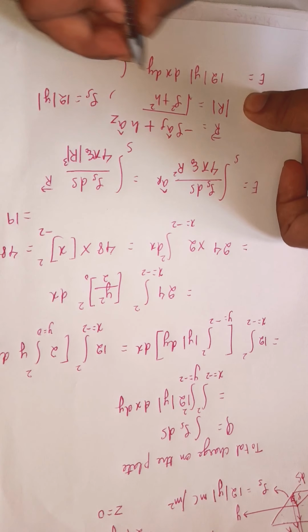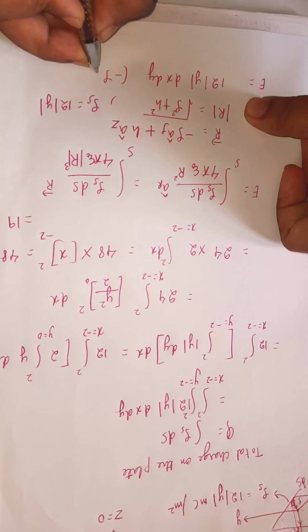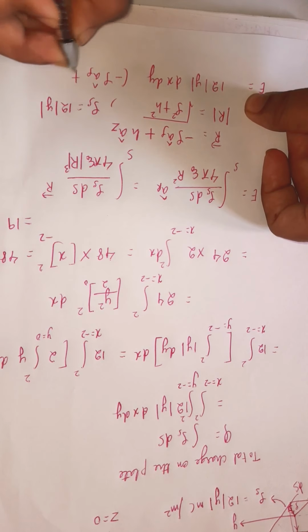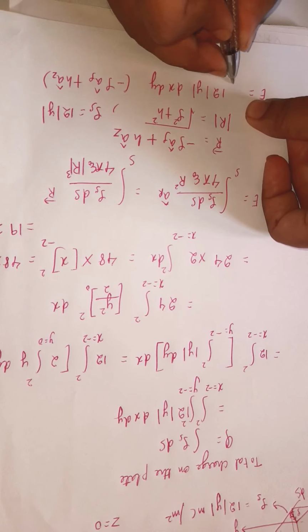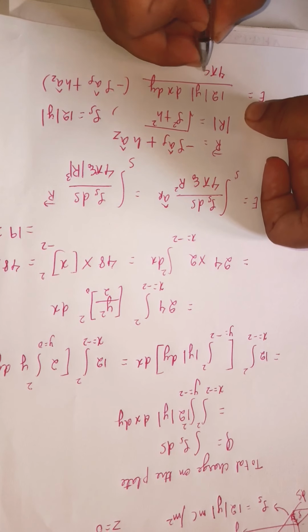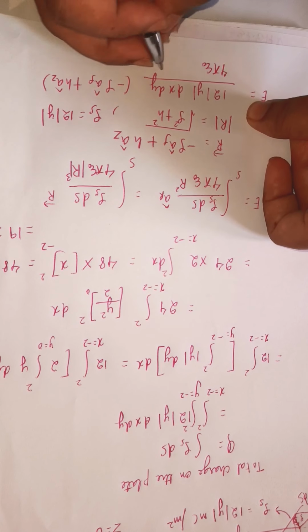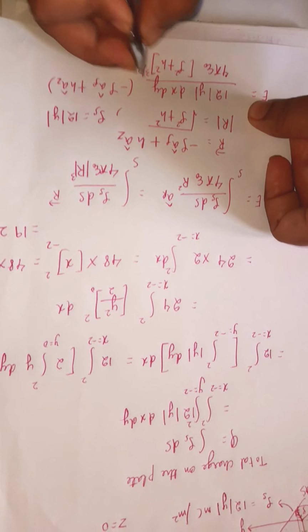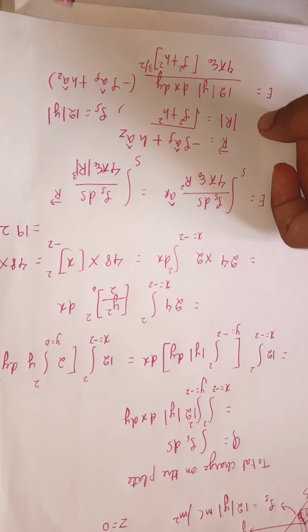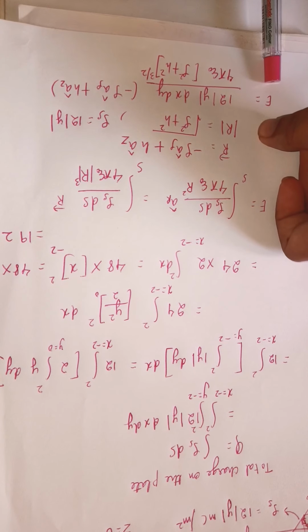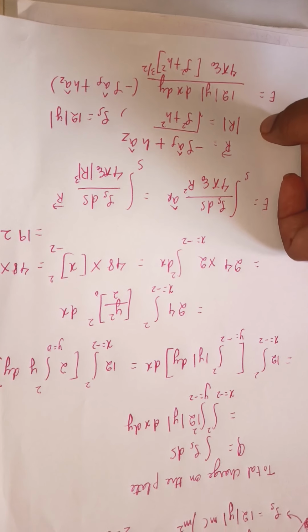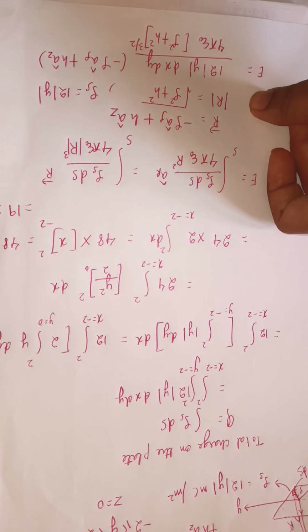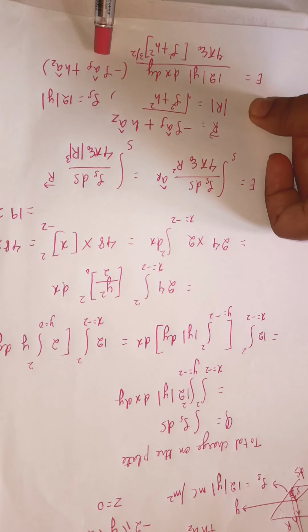Our R vector is minus rho a_rho cap plus h a_z cap, divided by 4 pi epsilon naught. This is r cube, so it will be rho square plus h square whole to the power 3 by 2. And the direction of electric field, as we saw already, will be only in the a_z cap direction. So I can very conveniently neglect this term. Why did I neglect this?